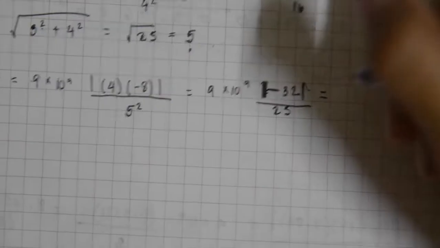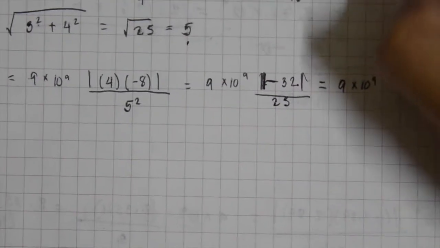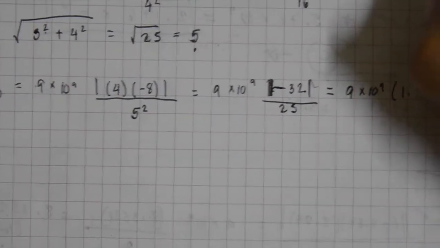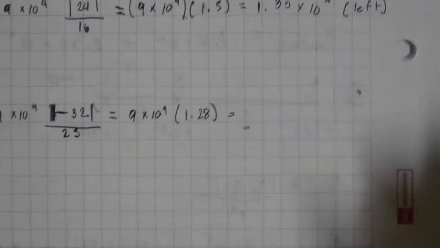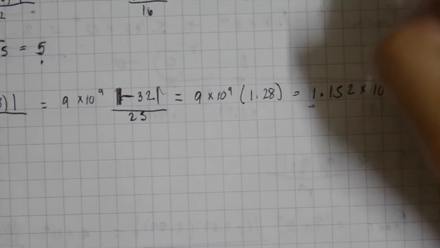So now we will have 9 times 10 to the 9 times 1.28, with the answer 1.152 times 10 to the 10th.